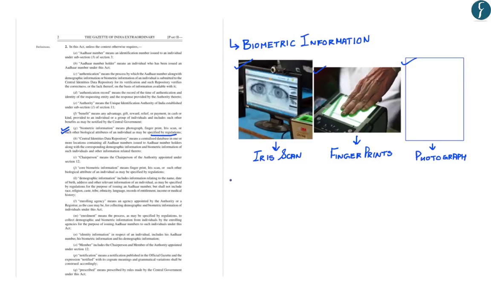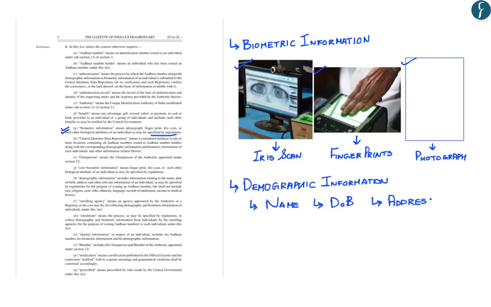Apart from this, the government also collects demographic information. In the demographic information, it collects your name, date of birth, and the address. And apart from this, as you can see in section (k), it can also collect any other relevant information as may be specified by regulations.